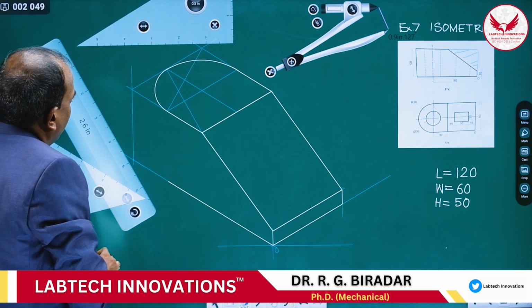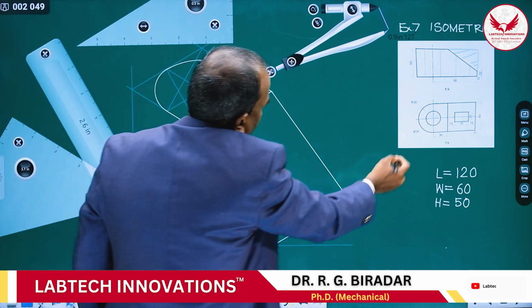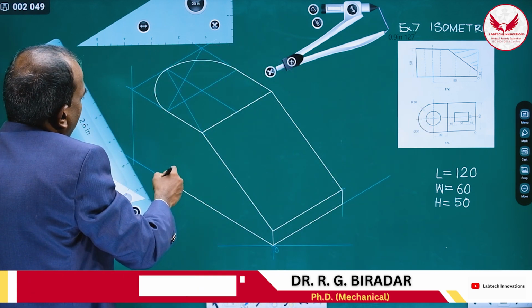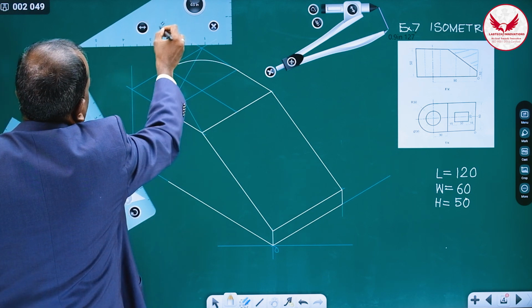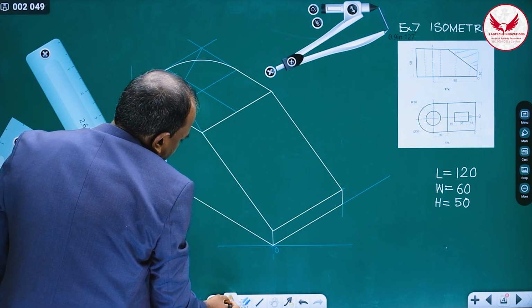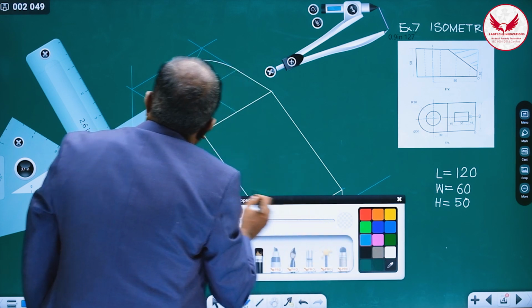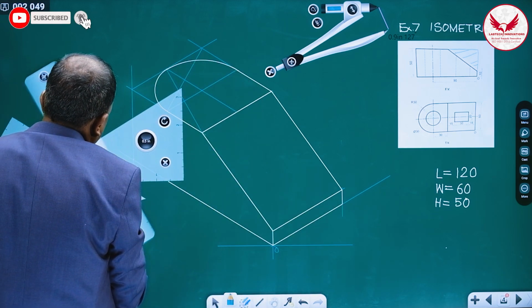Then the very important thing is shifting this semicircle. The height of the cylinder is 50. Instead of making a double drawing over here, how can we shift this semi-cylindrical portion? Observe it very carefully. What are we supposed to do? Shift these lines.